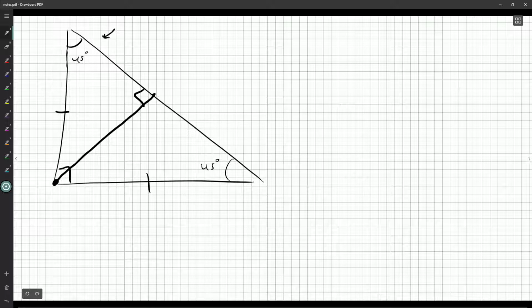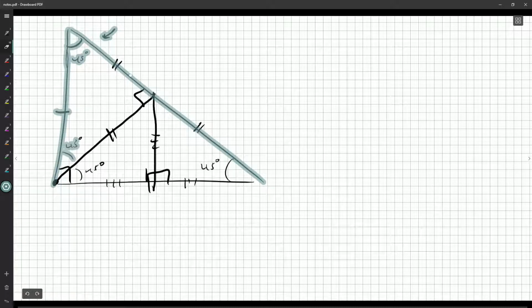We still got this 45 here, so we must have split this into 45s. And so now these are isosceles right angle triangles as well. And same down here. And so you do it again, you're splitting into more isosceles right angle triangles. And so this sort of relationship can help us out.